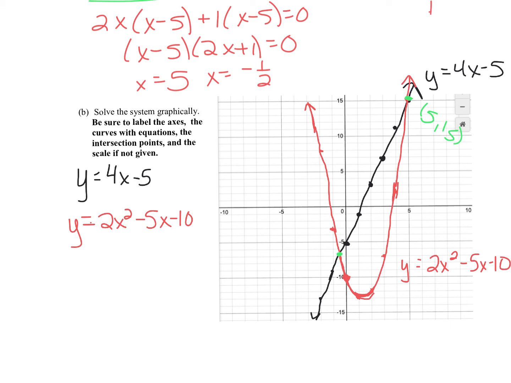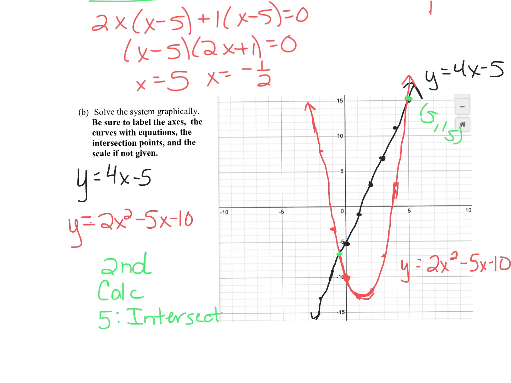So what you can do on your calculator, I'm going to write it here since I can't bring up the calculator. You can press second calc, so that's where we have the minimum and the zeros and the maximum that we've already done. And then you're going to choose number 5, intersect. Okay, and actually on this it's going to ask different questions. So it's not going to ask left bound and right bound.